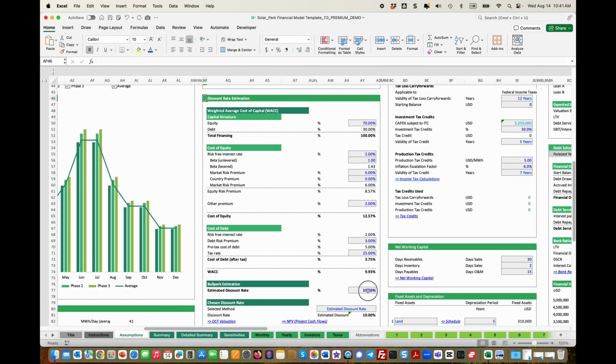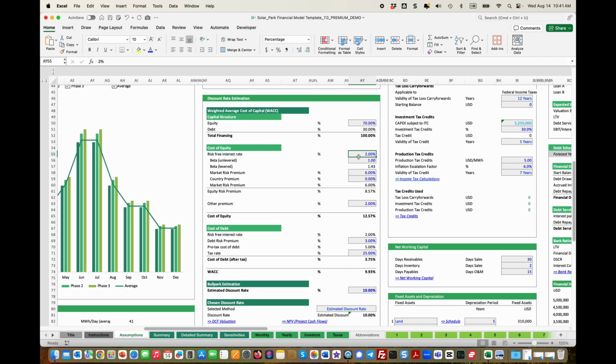One is we just estimate and use the discount rate we want to use, or if you want to do it a bit more sophisticated, here would be a CAPM, capital asset pricing model you can use to include the mix of equity and debt.